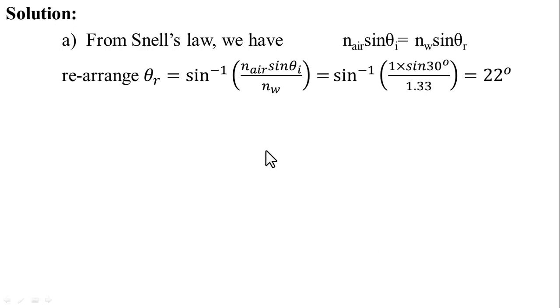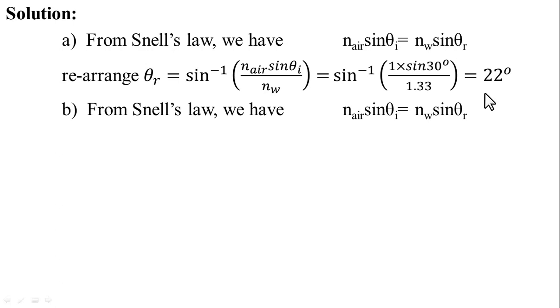Theta r is equal to sin inverse of n air multiplied by sin i divided by nw, that is equal to sin inverse of 1 multiplied by sin 30 divided by 1.33. Taking the value of sin 30 multiplied by 1 then divided by 1.33, the angle of refraction theta r is equal to 22 degree.